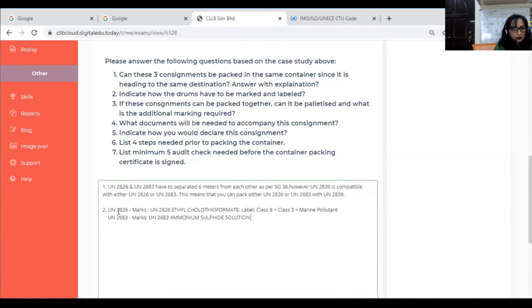So here you want to put labels: class 8 plus class 3 plus class 6.1. Then finally, UN 2839.